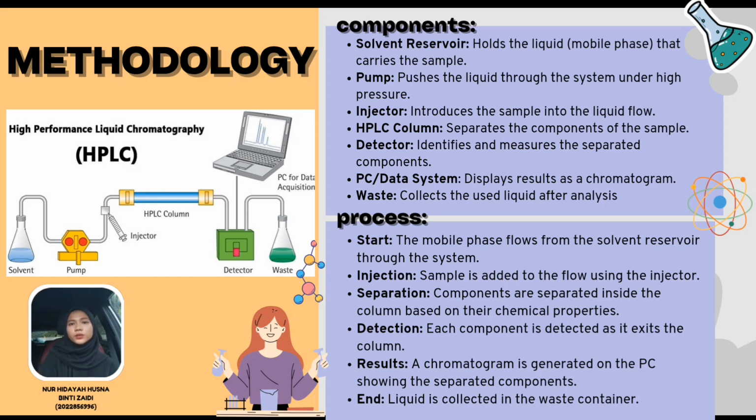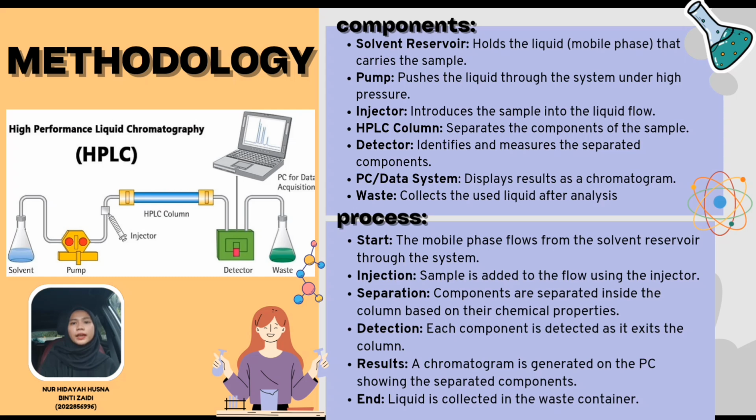Now, let's walk through the HPLC process. The process begins with the mobile phase flowing from the solvent reservoir through the pump and into the injector. Here, the sample is introduced into the flow, combining with the mobile phase. The mixture enters the column, where its components are separated based on their interactions with the stationary phase.